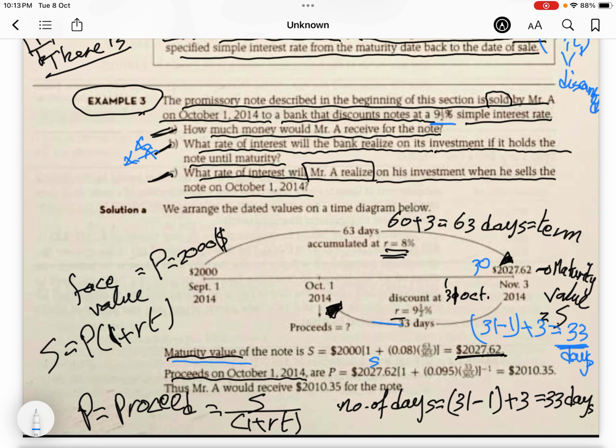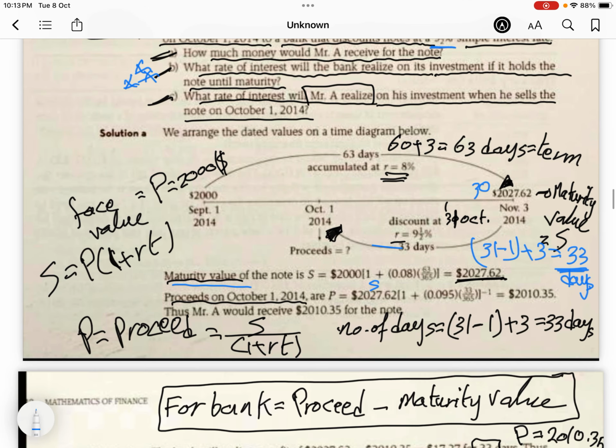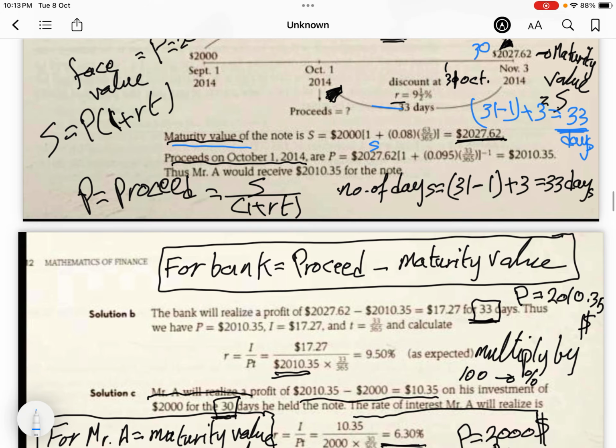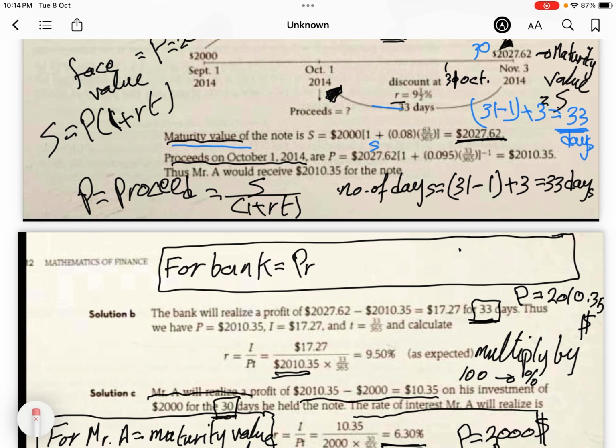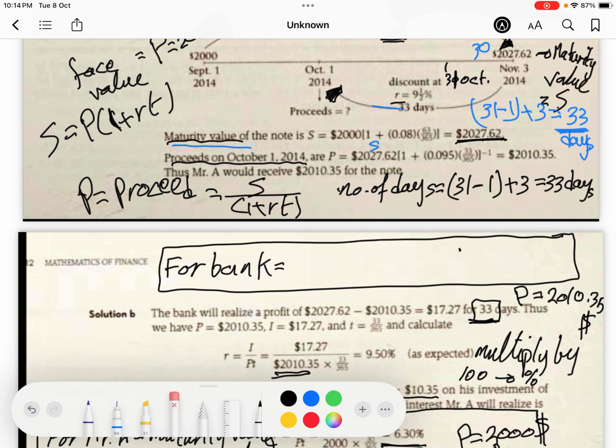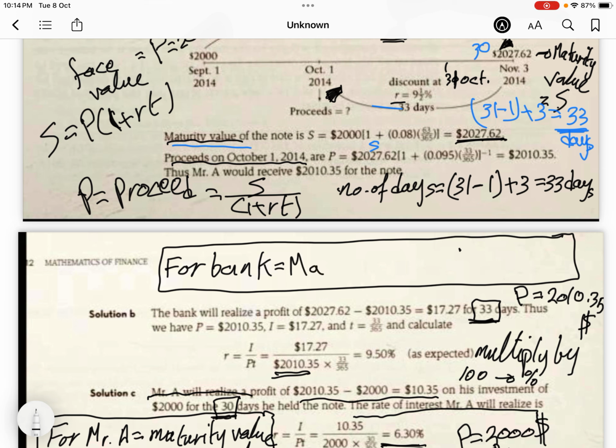The second question, which is important: what rate of interest will the bank realize on its investment if it holds the note until maturity? For the bank, we will have the maturity value minus the proceeds.